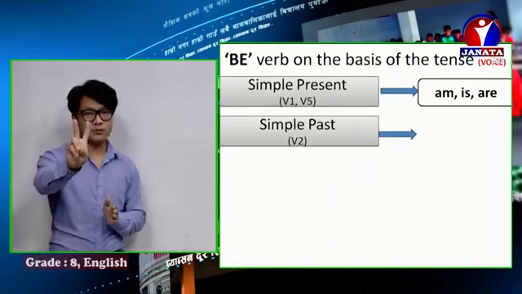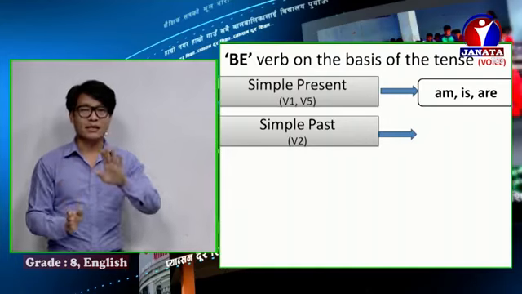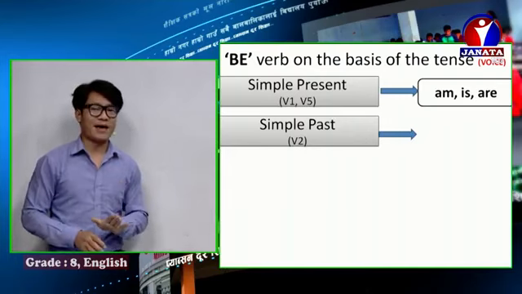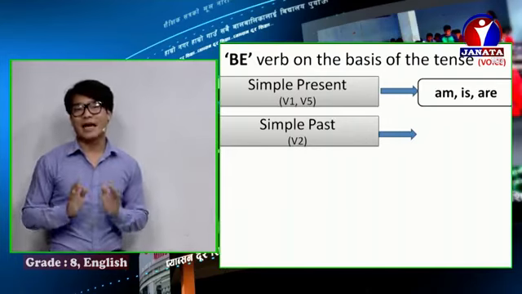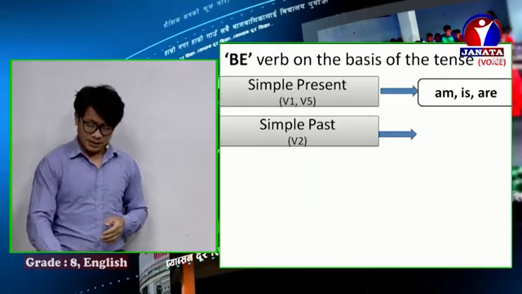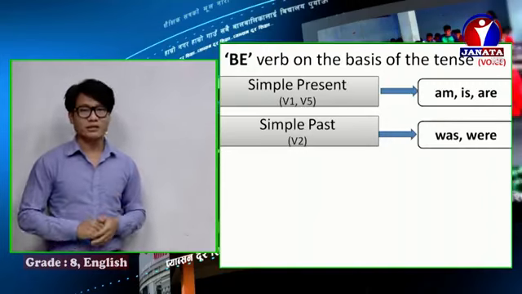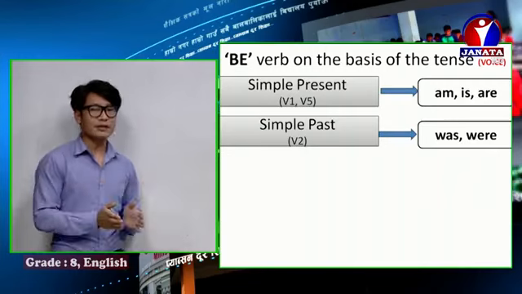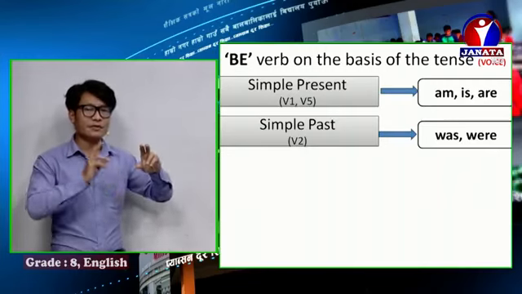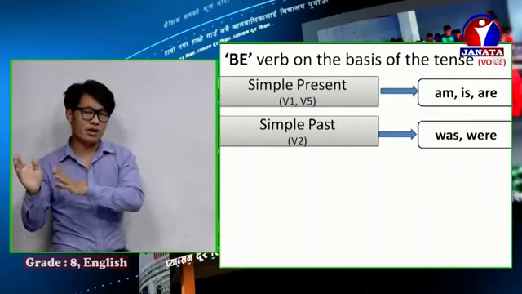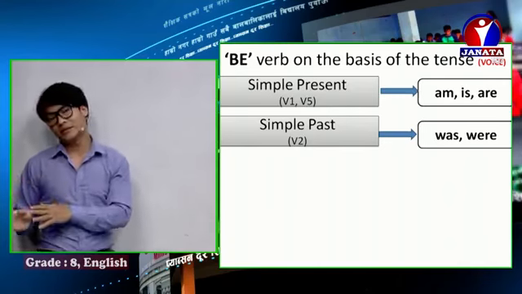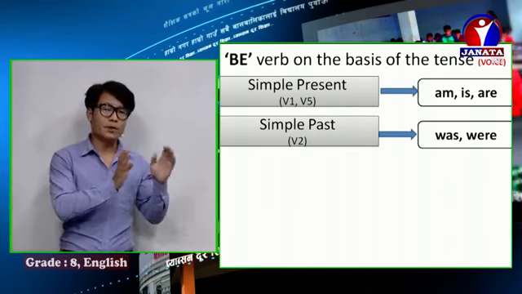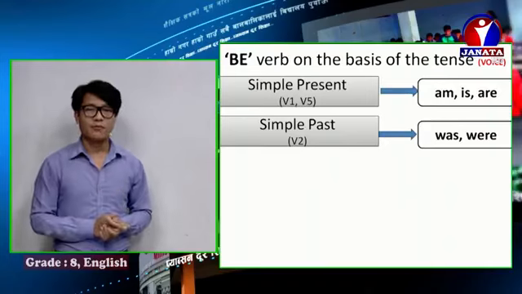Similarly, if there is a verb 2 in a sentence, then you should be sure that this is a simple past. And simple past has 2 be verbs. They are was and were. Obviously, was is used with a singular noun or pronoun, and were is used with a plural noun or pronoun.